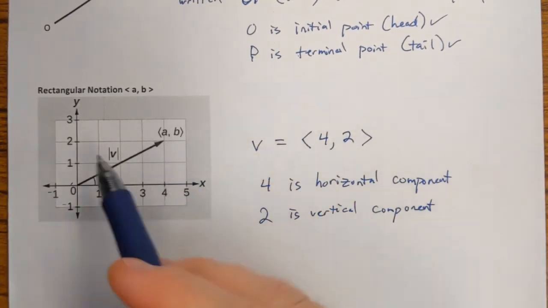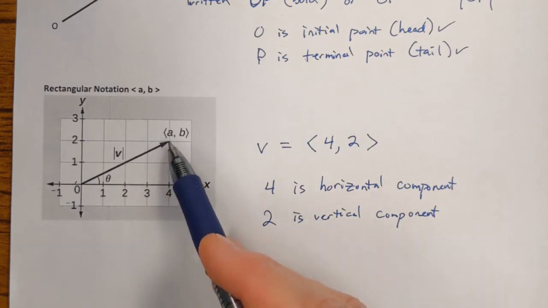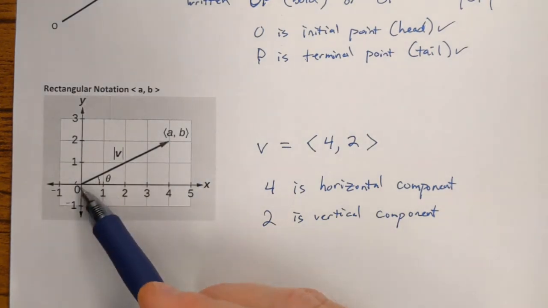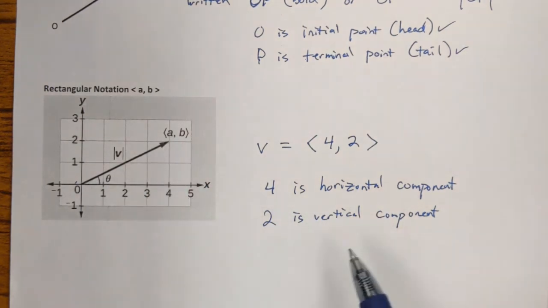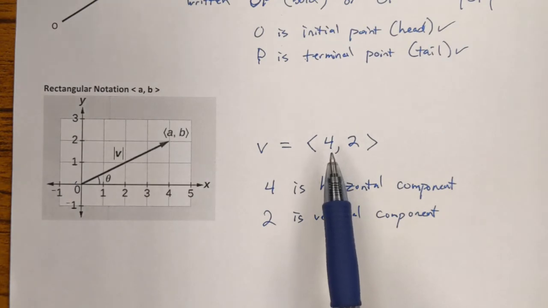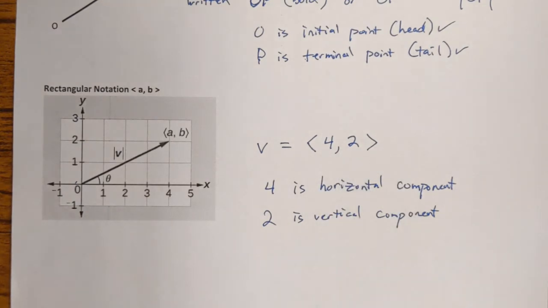Basically this vector travels horizontally 4 units, and it travels vertically 2 units. Put it all together, it just travels that direction in a straight line. This vector, in rectangular notation, would be 4, 2 in these angle brackets.